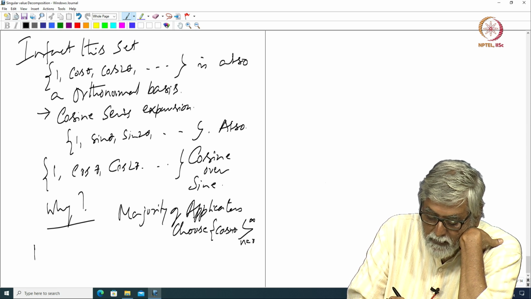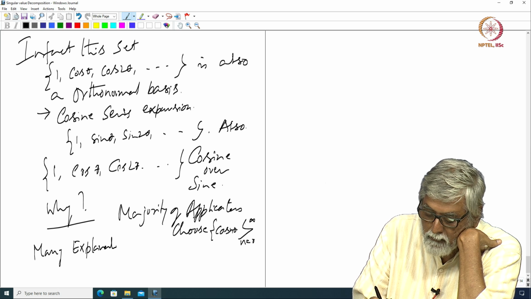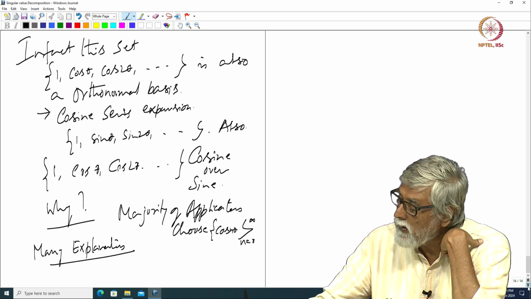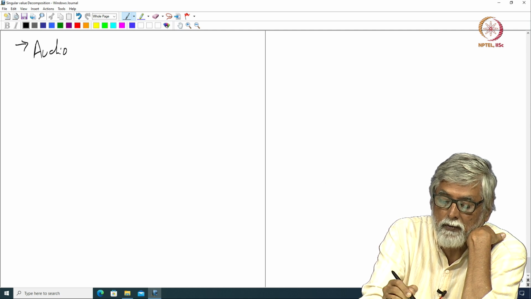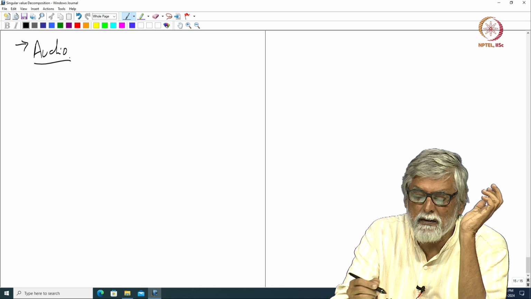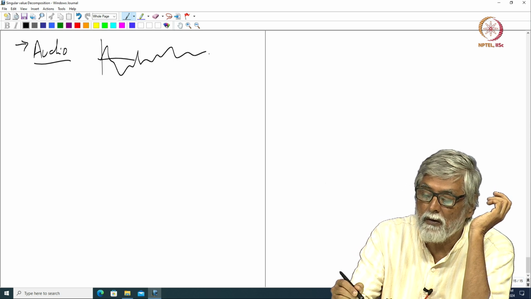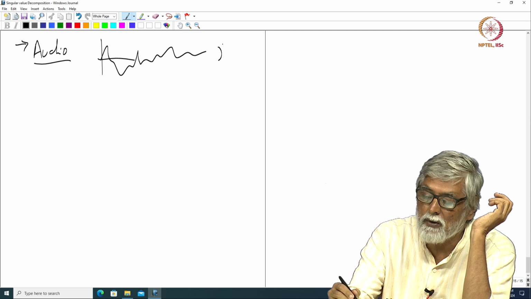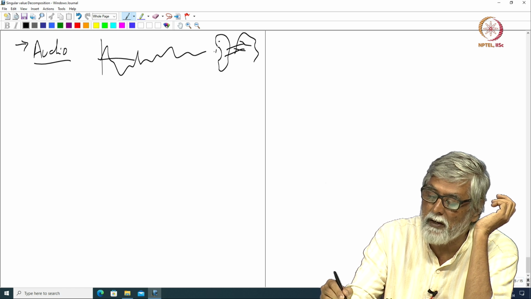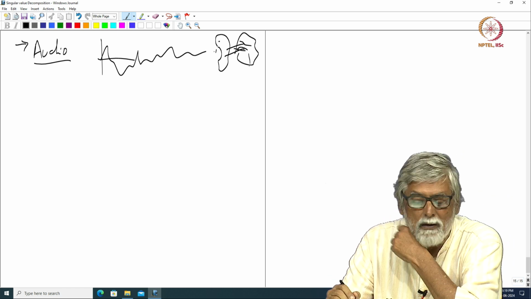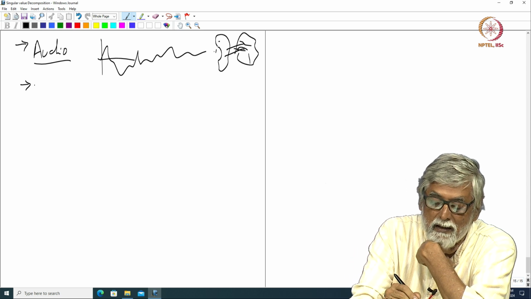There are many explanations. One, let us look at audio. In the audio applications, typically you have a waveform and that goes into the ear and the sound is perceived through the brain. Okay. Now, question is, what does the ear hear?